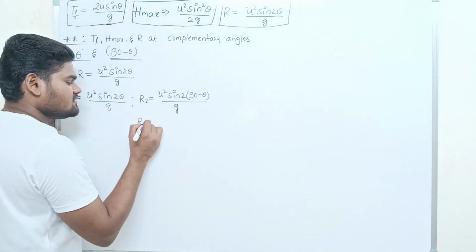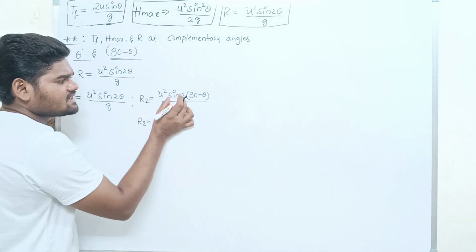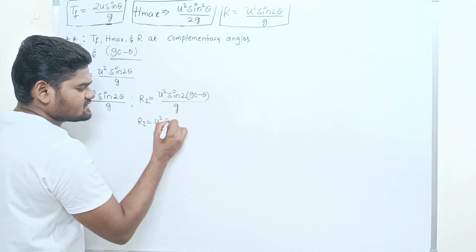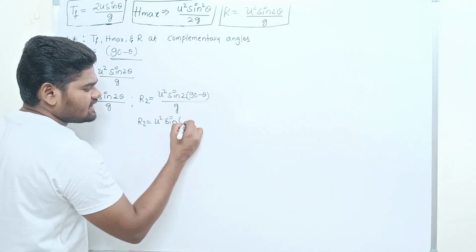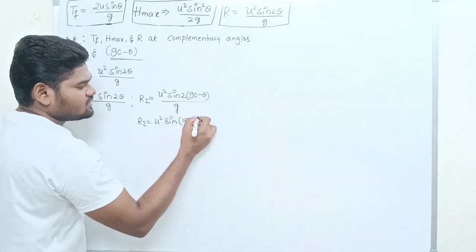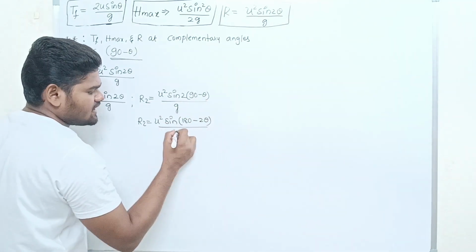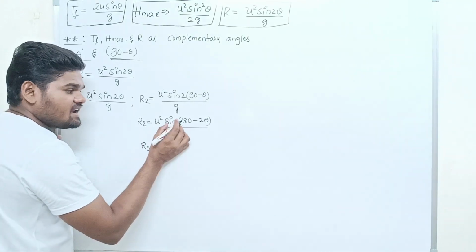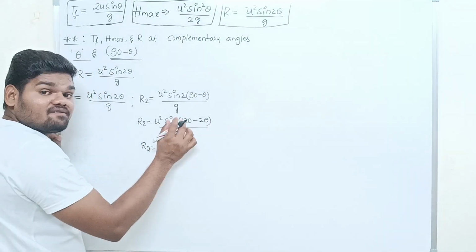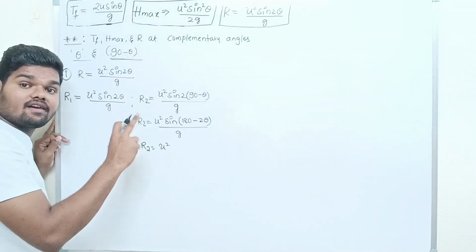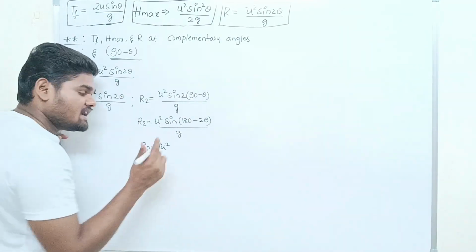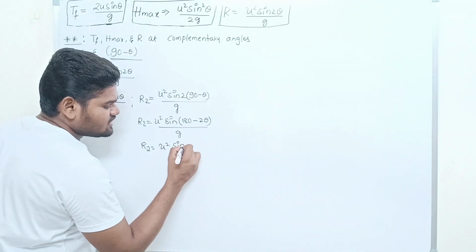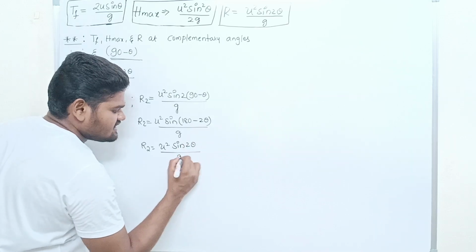Then R2 is u square sine of 180 minus 2 theta divided by g. Sine of 180 minus 2 theta is in the second quadrant, where sine is positive, so again you will get sine 2 theta divided by g.